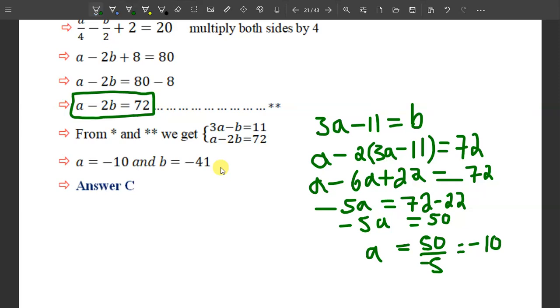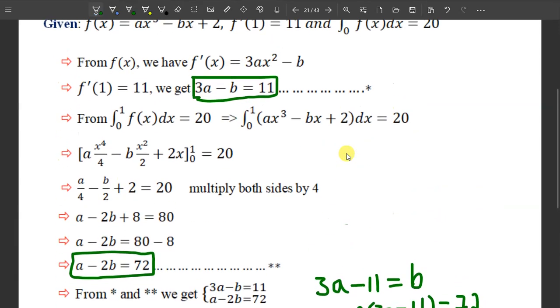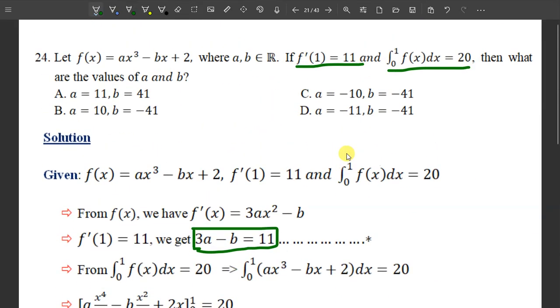Therefore, we have found the value of b as well. Returning to our multiple choice, the first option is a equal to 11 and b equal to 41. This is wrong. A is equal to 10 and b is equal to minus 41. This is also wrong. And the c says a is equal to minus 10, b is equal to minus 41. Therefore, this one is the correct answer.